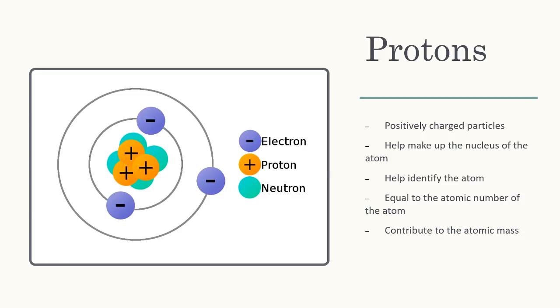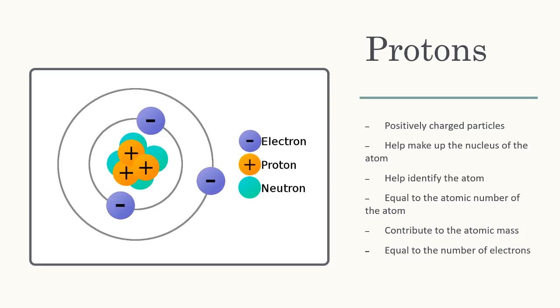And finally, protons contribute to the mass of an atom. They're considered to be 1 atomic mass unit per proton. And we'll go into that more in a little bit. One final piece about protons is that they are equal to the number of electrons.